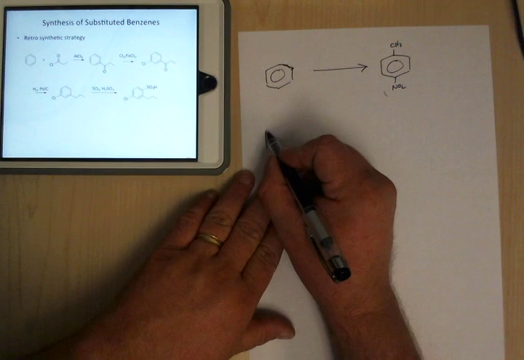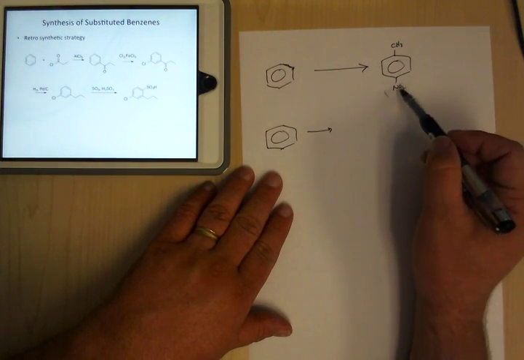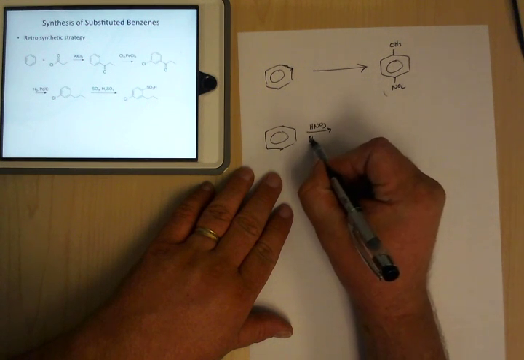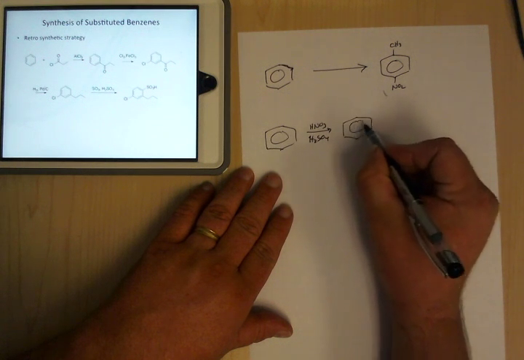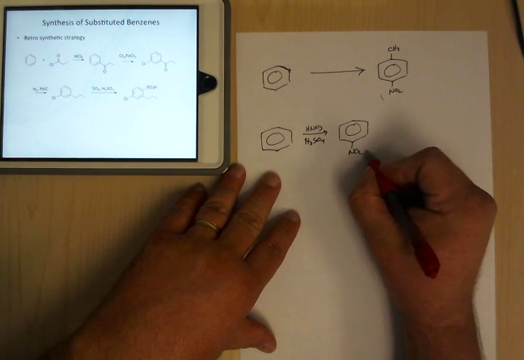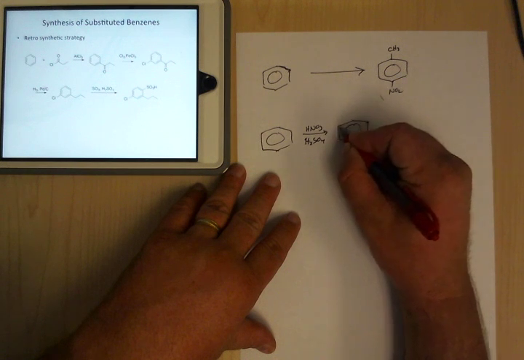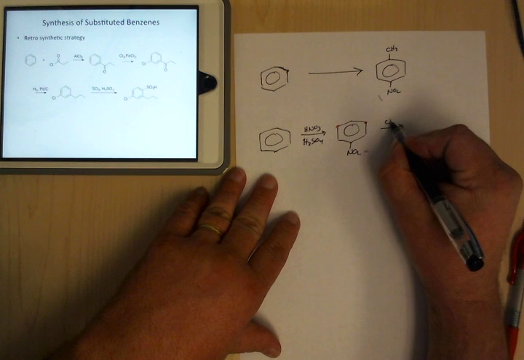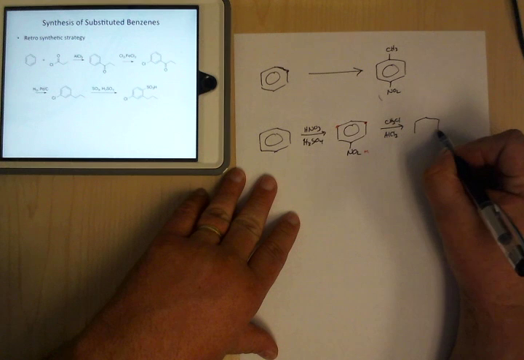If we were to put the nitro group on first, with H2SO4, now this is a meta director, right? Because it's an N double bond O. Where does that go? Here and here. So if we continued on with CH3Cl, aluminum chloride, we would get this.